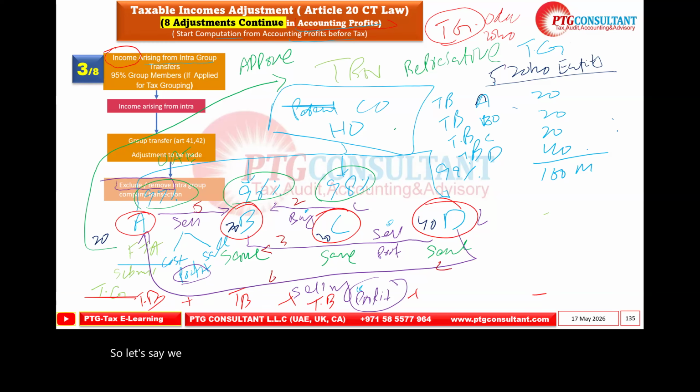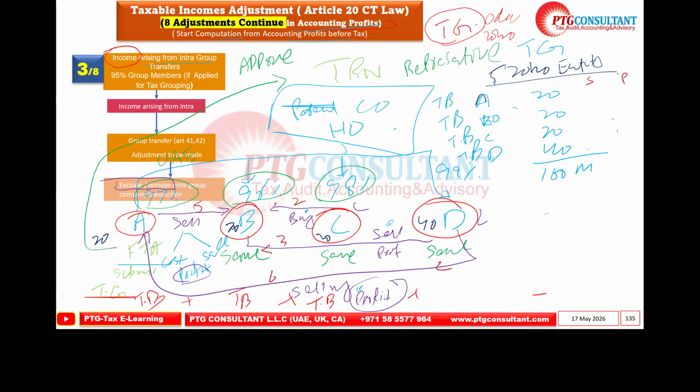Which means I'm taking the intra-group profit, not the transaction. But originally, if we talk about the transaction, let's say 50 million, of course when one company is selling, the other company will be buying, right? So A and B, let's take this example of sale and purchase, a comprehensive example.